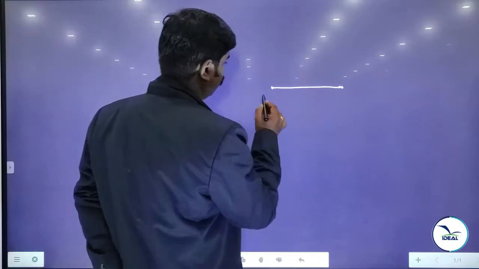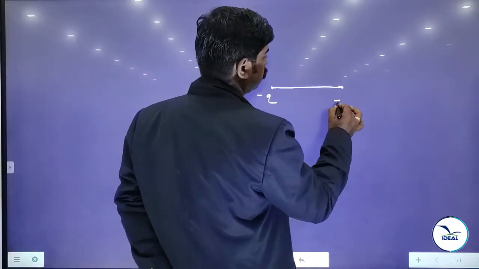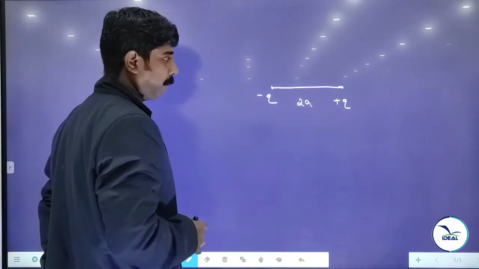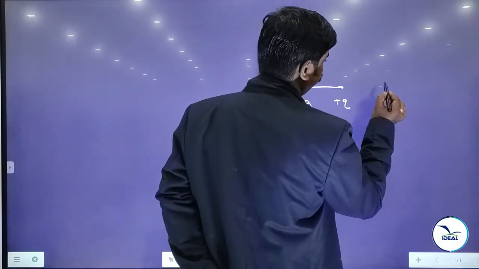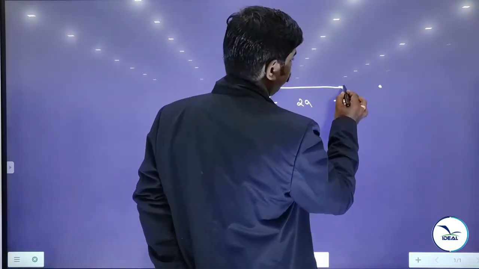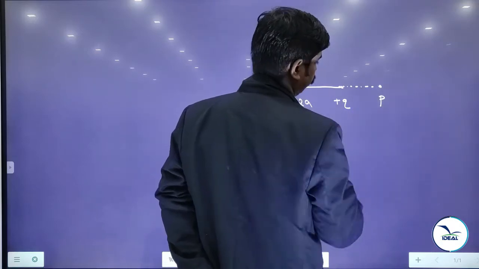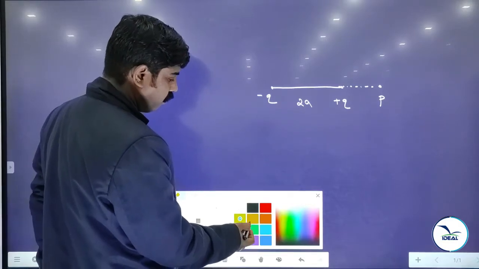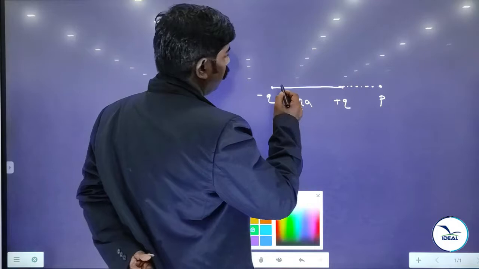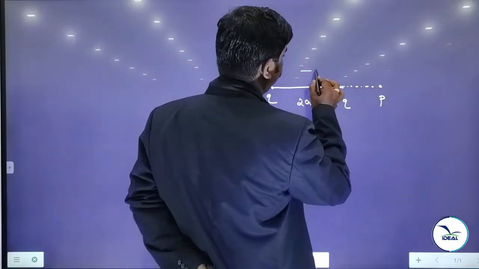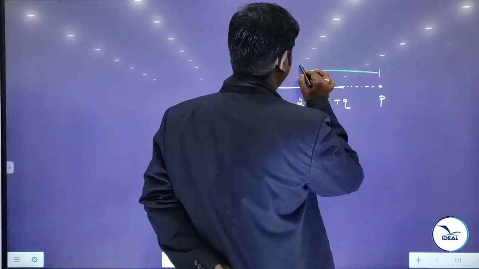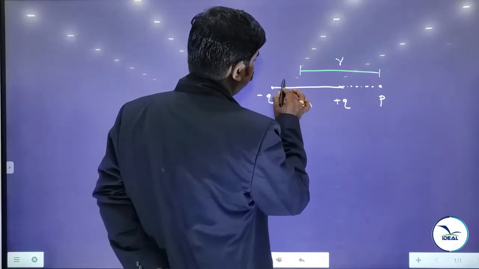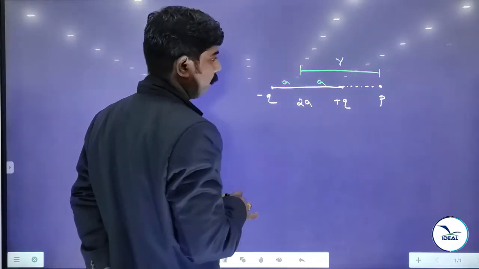Here it is minus q, here it is plus q, and the length is taken to be 2a. And we are considering a point here, that is P. And the distance from center of this dipole to that P is r. So here it is a and here it is a.